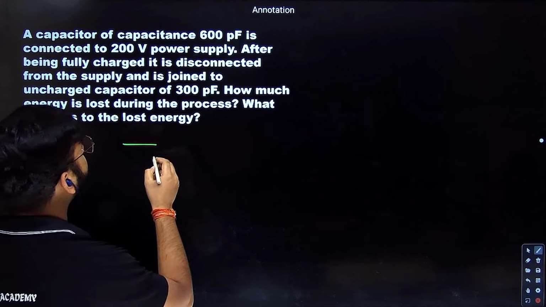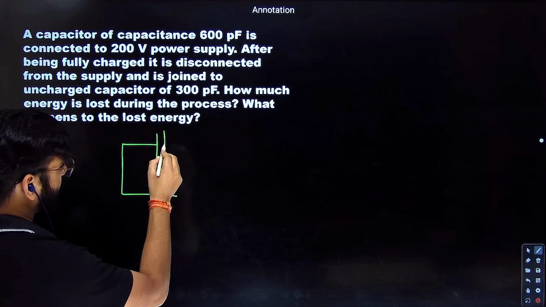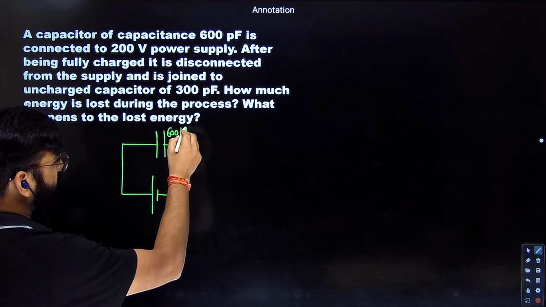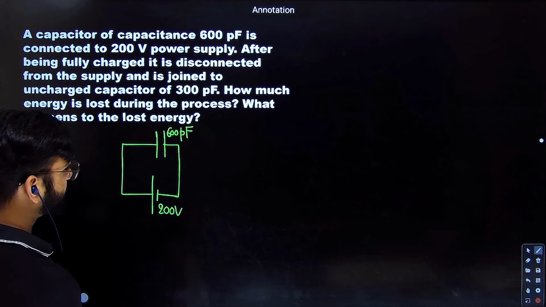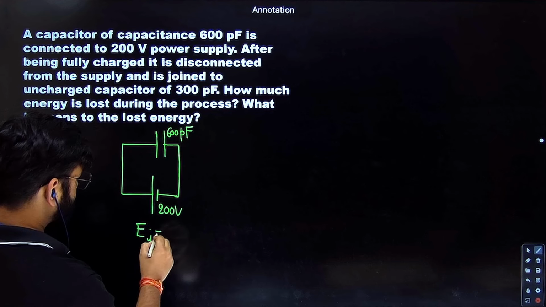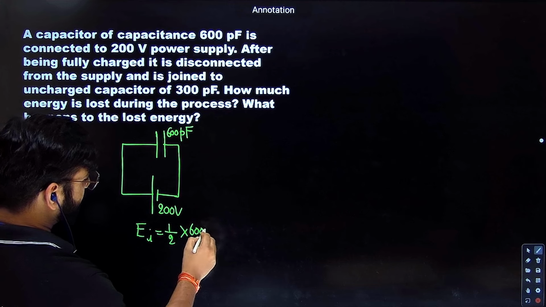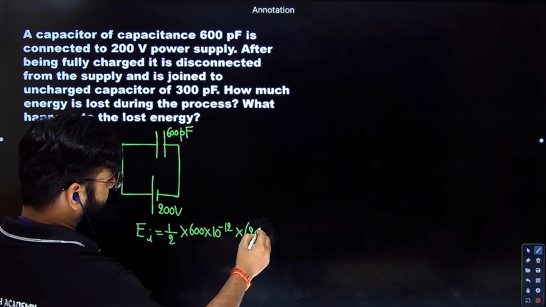Okay. So 600 picofarad connected to a battery of 200 volts. So what will be the energy stored in this? The E initial will be how much? Half CV square. So C is 600 into 10 to the power minus 12, V square, which is 200 square.